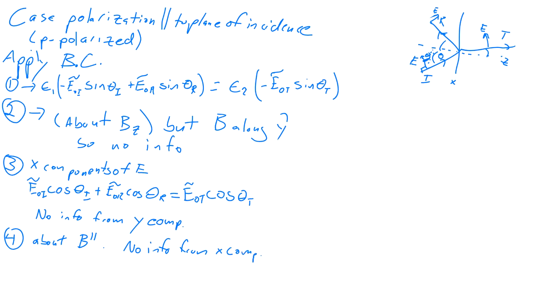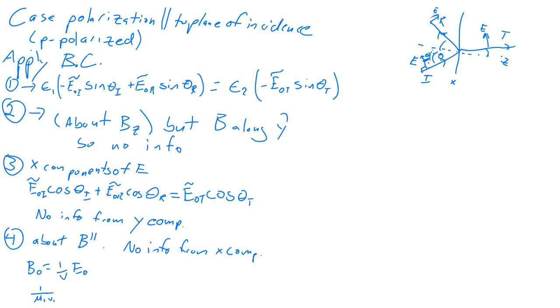Before we do stuff with the Y components of B, let's remember that B naught, the amplitude of B, is 1 over the speed in the material times the amplitude of the electric field. So now we had 1 over mu1, and I'm going to bring in the V so that I can write this in terms of my electric field amplitudes. It was 1 over mu1 times V1, but we're going to write it in terms of just our electric fields.